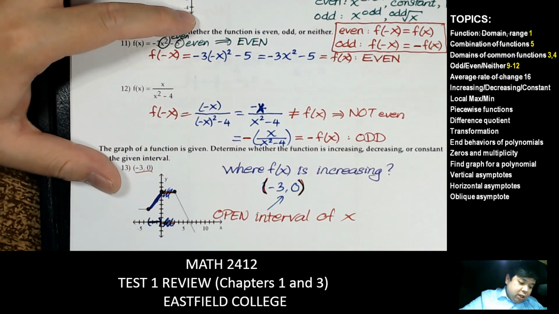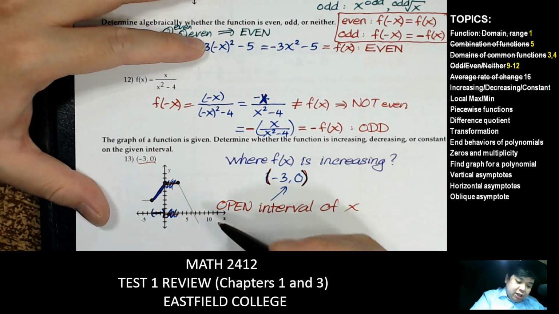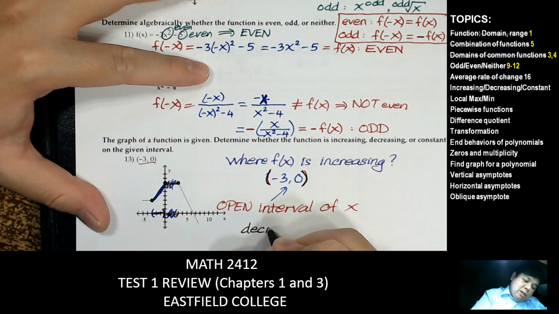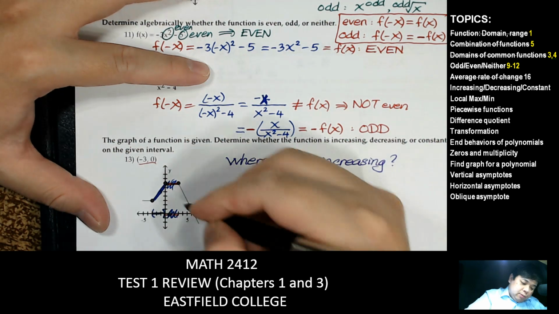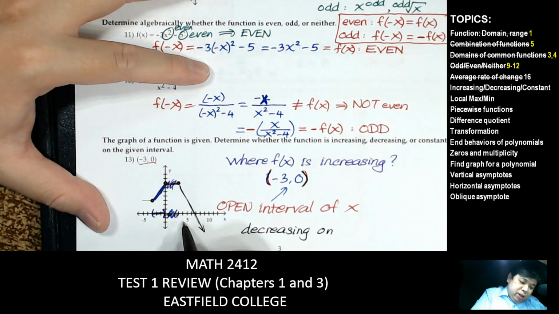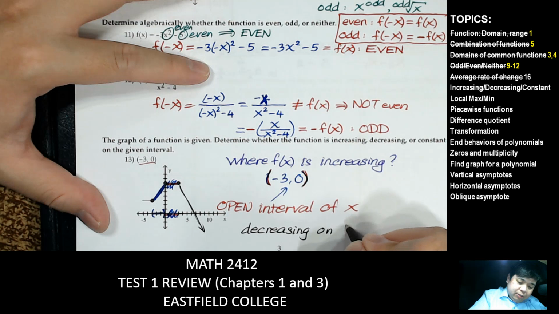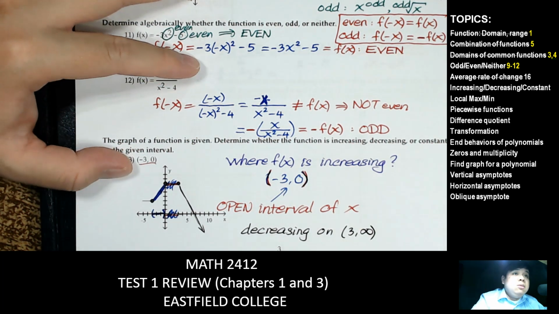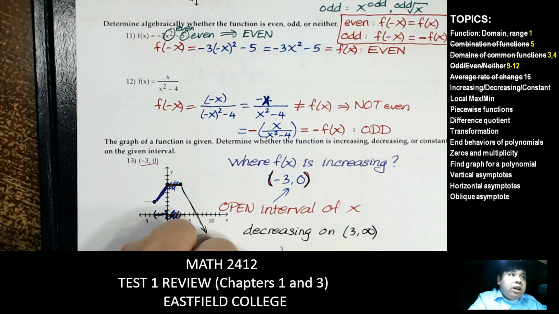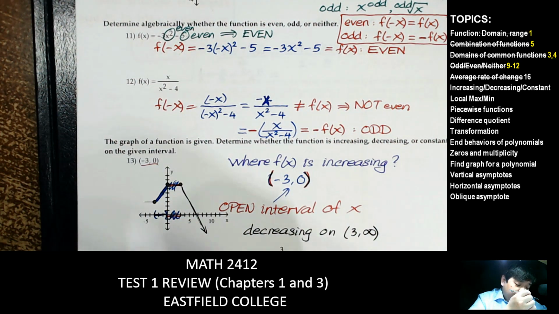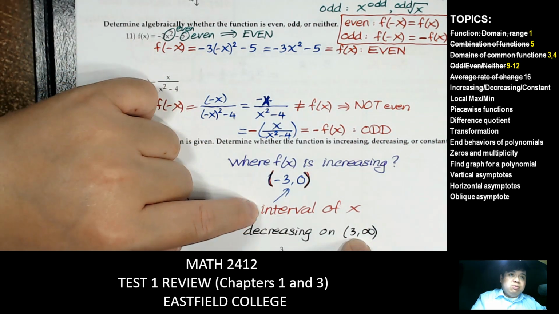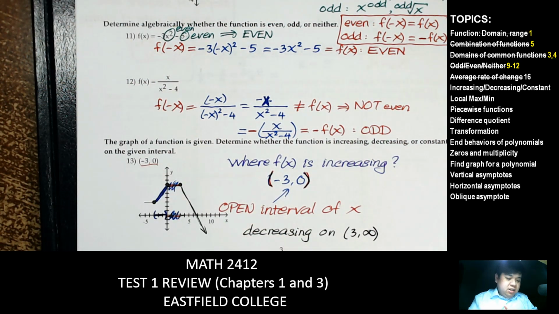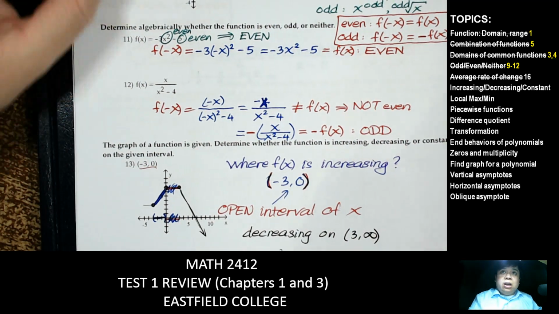If we want to write decreasing, then we say decreasing on this portion, meaning it goes from 3 to infinity. Again, an open interval of x. So I might give you a graph and ask you where it is increasing or decreasing, and you just write out an open interval of x corresponding to increasing or decreasing.